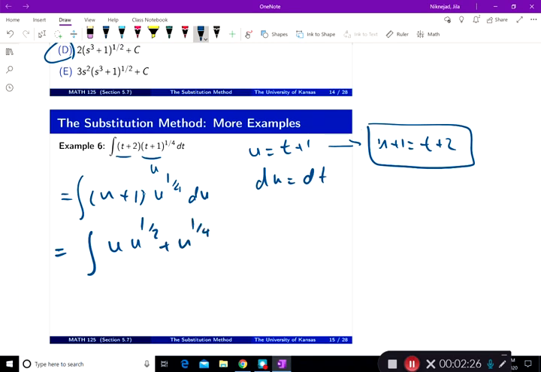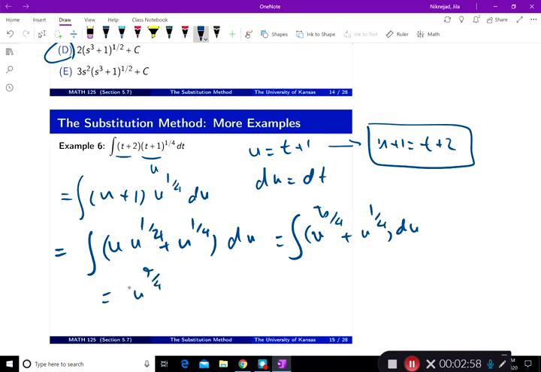I basically distribute the u to the power 1/4, and I get u to the power 5/4, since 1/4 plus 1 is 5/4, plus u to the power 1/4 du, which is going to give me u to the power 9/4 times 4/9 plus u to the power 5/4 times 4/5 plus c.